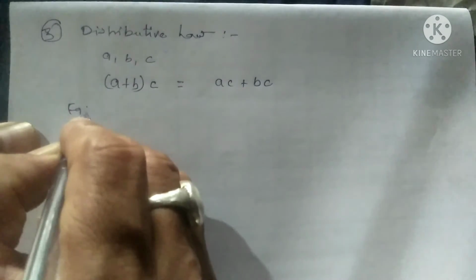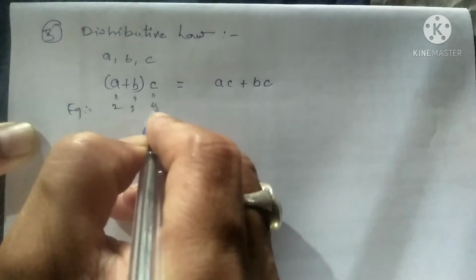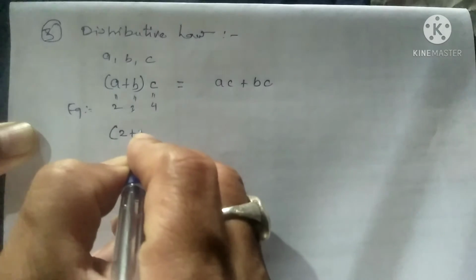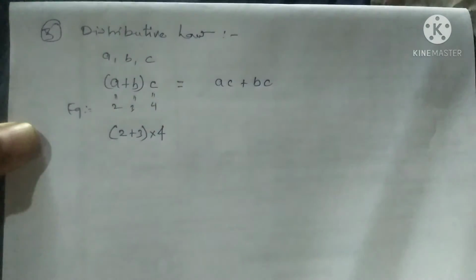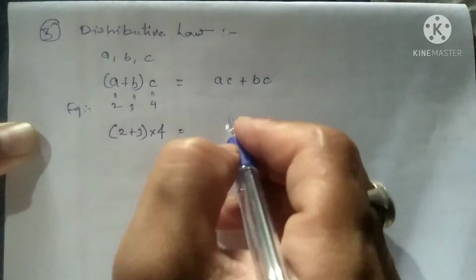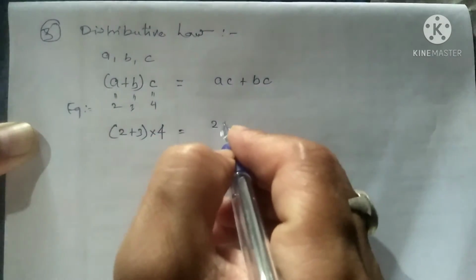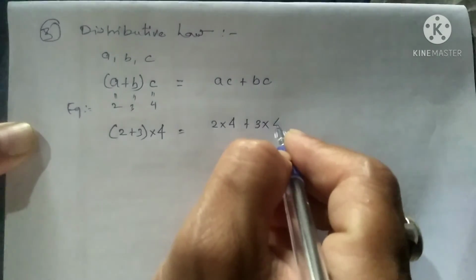Let us justify whether this law is valid or not. Let us consider three numbers, 2, 3 and 4. We group 2 plus 3 and multiply with the third one. After multiplication it will be 2 into 4 plus 3 into 4.